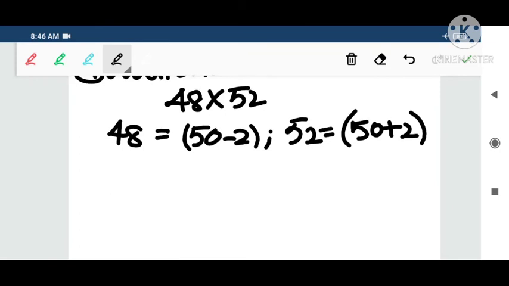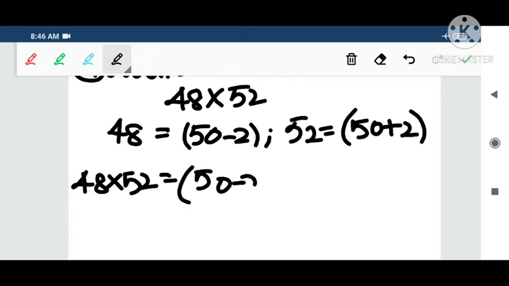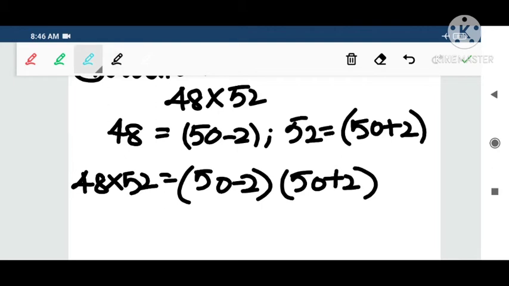So now in the question you can write 48 into 52 is equal to 50 minus 2 into 50 plus 2. Observe that it is of the form a minus b into a plus b.